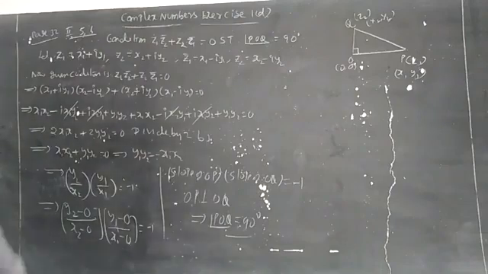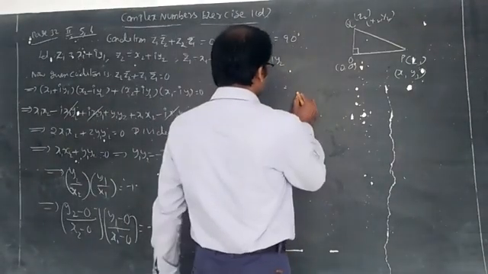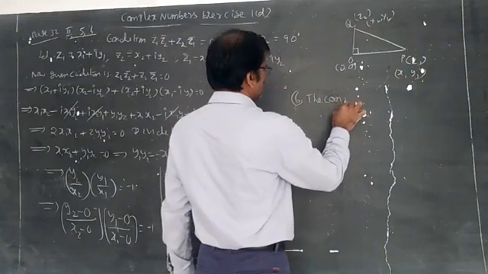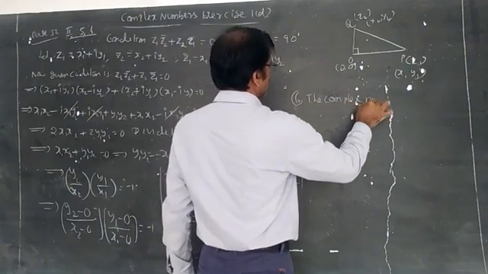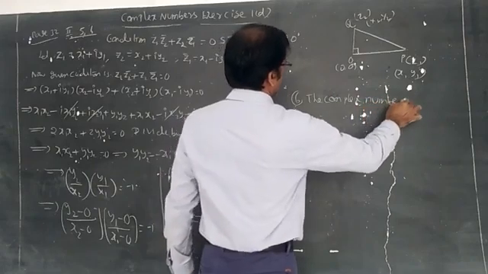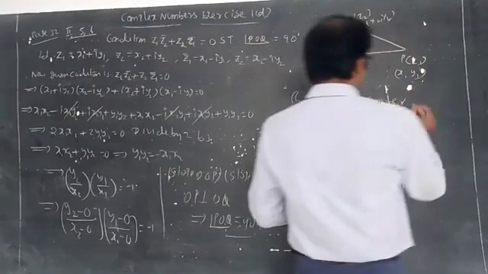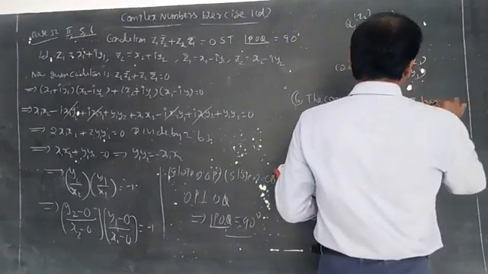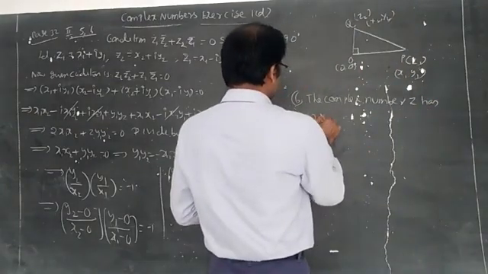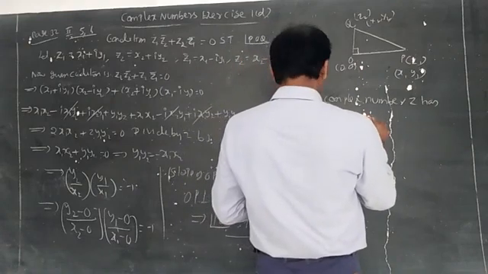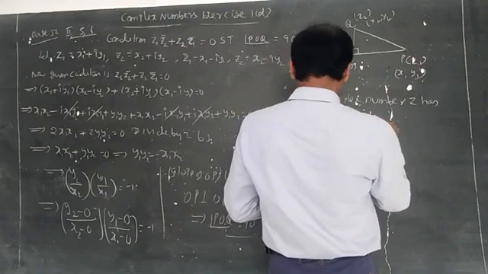Next, the 6th question. The complex number question I am writing here. First of all, we need to understand the question. The complex number Z has argument theta, angle theta.